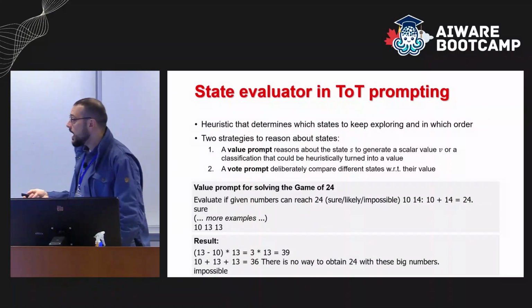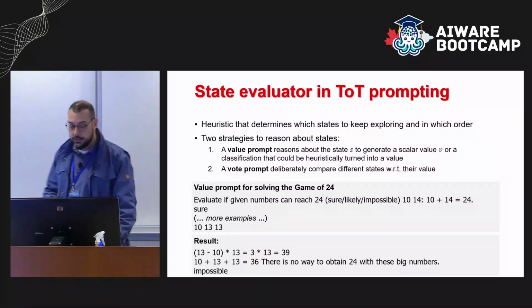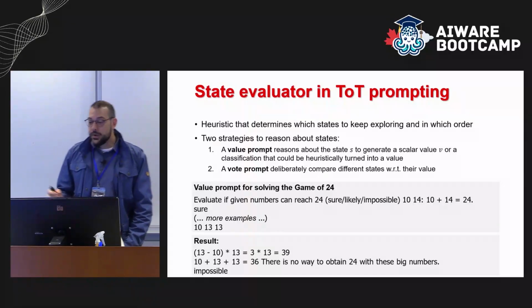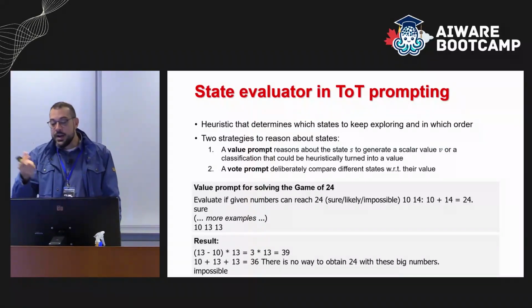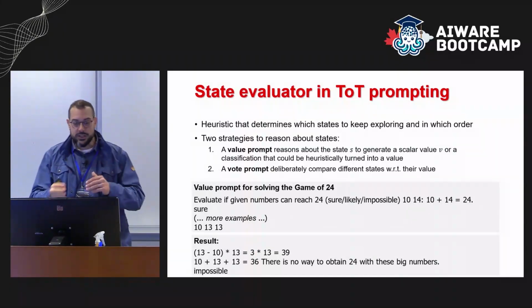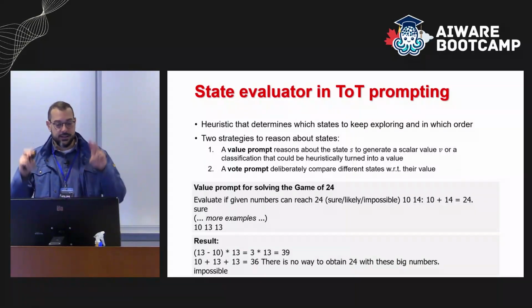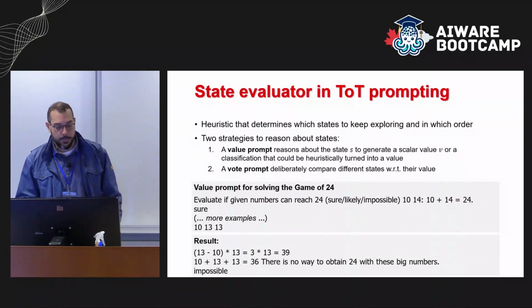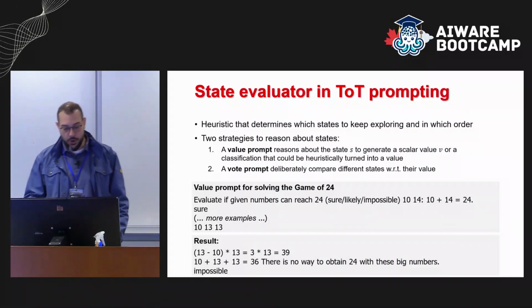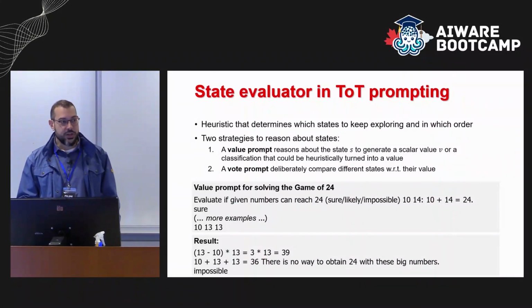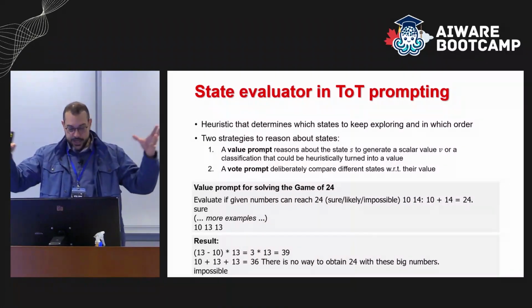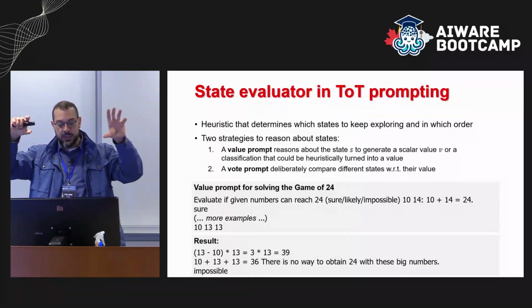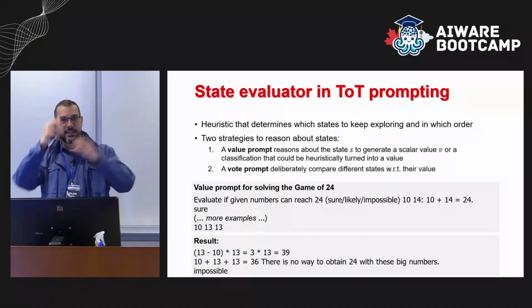You can have a value prompt that generates a value, a number, to say how good the thought that you just generated is. Or you can have a vote prompt, which is a prompt that asks to look at a set of thoughts and select the best one.